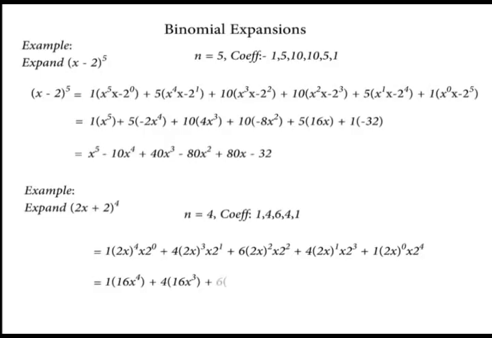Plus 6 times (2x) squared, which is 4x^2. 2 squared is 4, so 4x^2 times 4 is 16x^2. Plus coefficient is 4 times (2x) raised to power 1, which is 2x. 2 raised to power 3 is 8. 8 times 2x is 16x. Plus 1 times (2x) raised to power 0, which is 1. 2 raised to power 4 is 16.